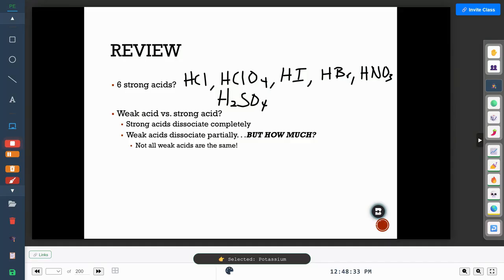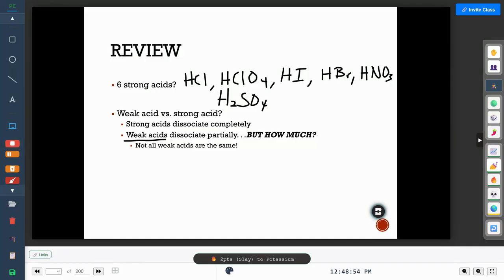acid, right? So we've got lots of weak acids. And so what is going to be the deal with weak acids? Because we know that strong acids dissociate completely, weak acids only partially dissociate, but they can't all be the same, right?